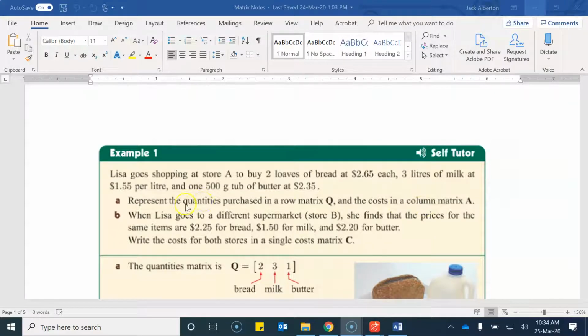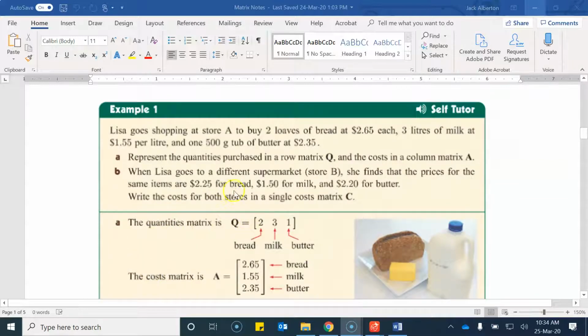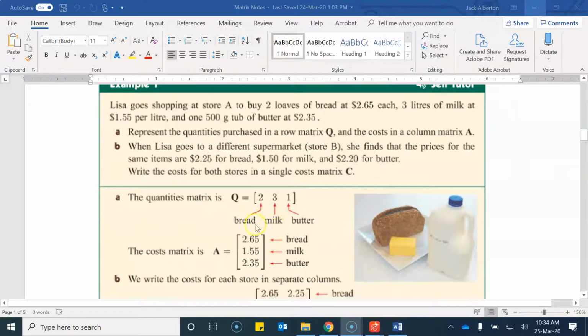Since she wants the quantities in a row matrix, we see that she bought 3 things: bread, milk, and butter. See how this is a row, and she bought 2 loaves of bread, 3 litres of milk, and 1 tub of butter. So that's the quantity matrix. Then they also wanted the costs in a column matrix A. You just need to keep the order consistent.